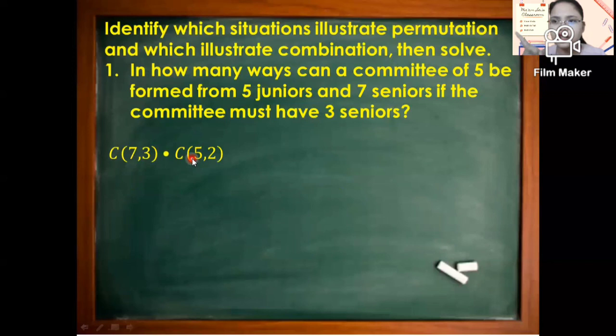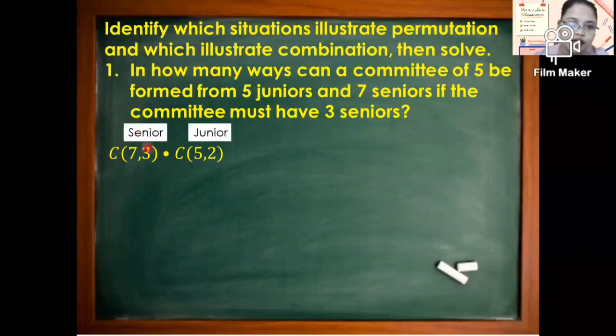Meron tayong junior at meron tayong senior. Nagkataon na ang gusto daw ng na ma-form na committee, meron 3 seniors. Remember na kailangan natin ay 5. So kung kailangan natin ng 5 at meron daw gusto nila 3 seniors, meron pa tayong 2 na kailangan, which comes from the juniors. Kaya po, itong first combination natin is from seniors at ito ay from juniors.